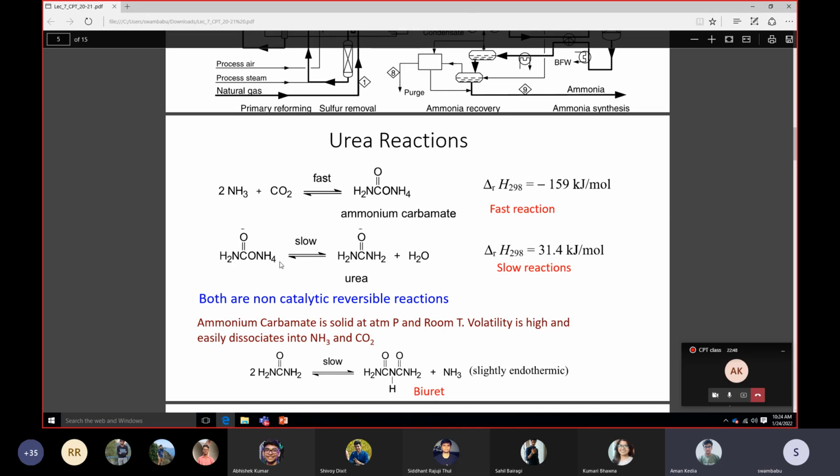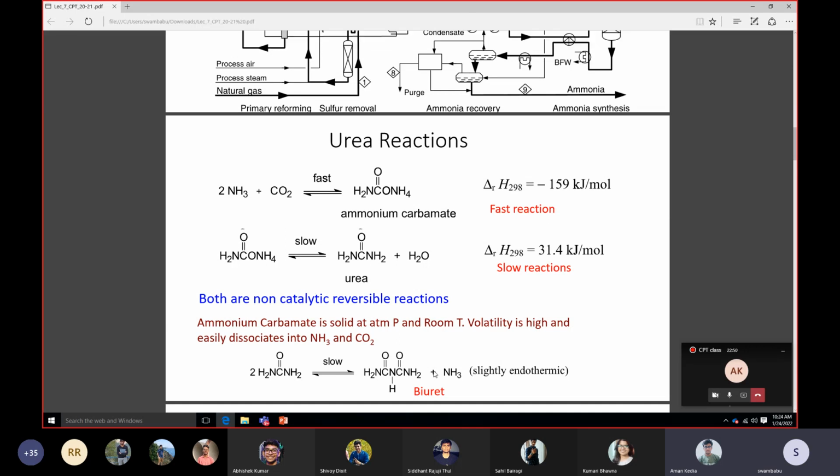Now, there is another possible side reaction: ammonium carbonate converts to biuret and ammonia. This is also an endothermic reaction.